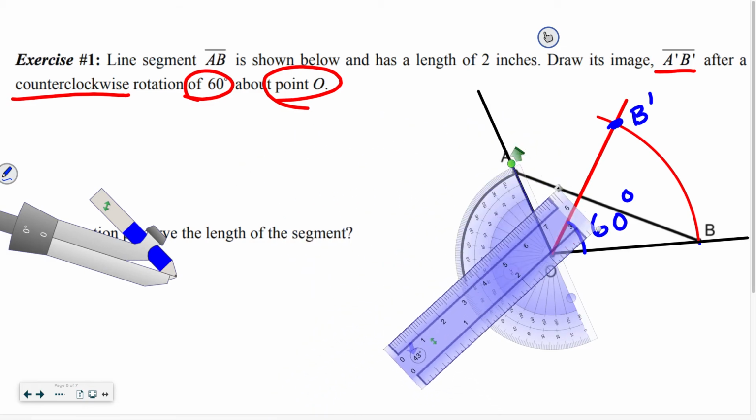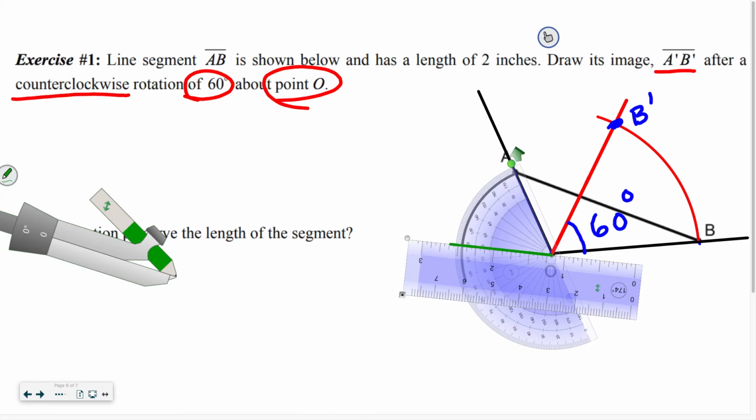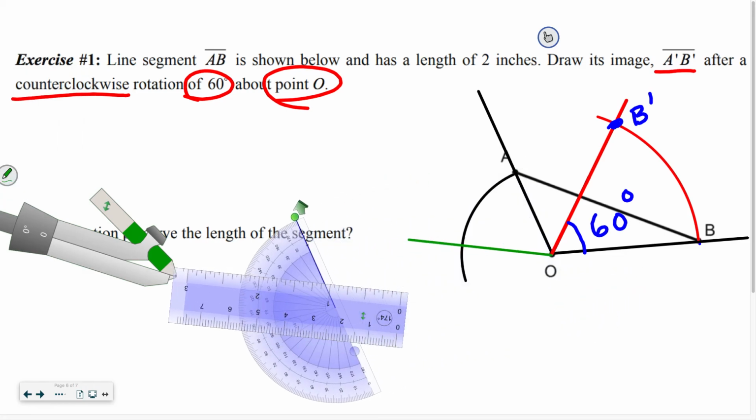Where is 60 degrees? Here's 60. And what is this letter here called? Of course, this is called A prime.